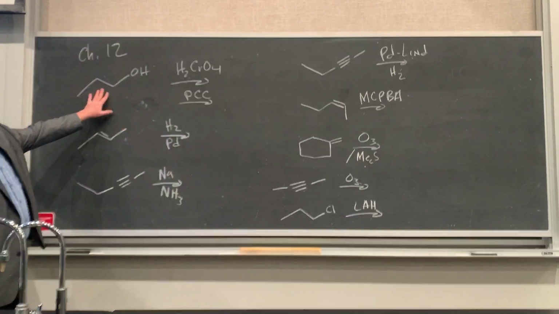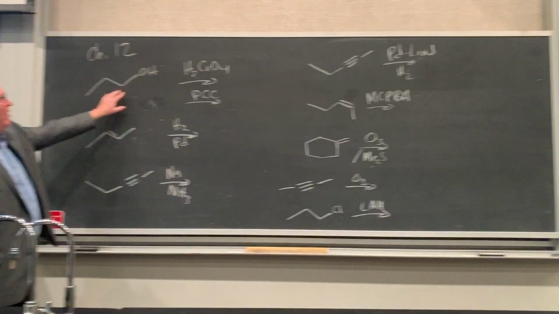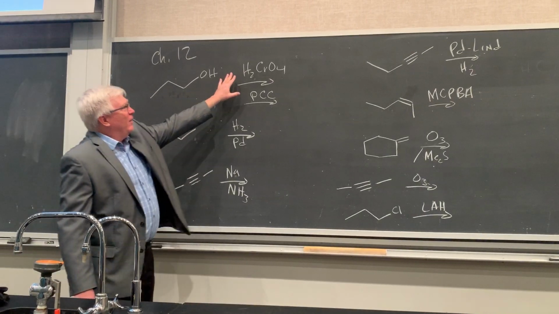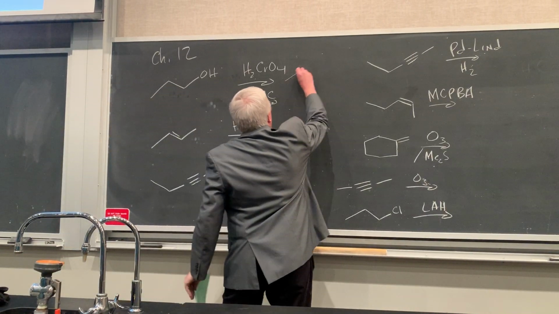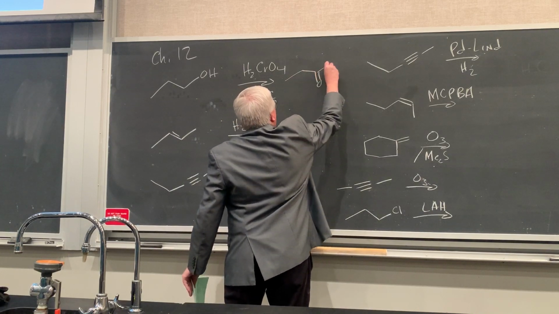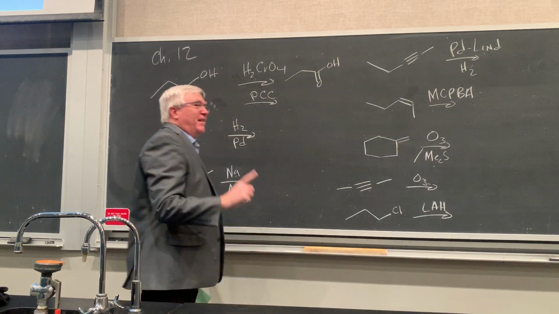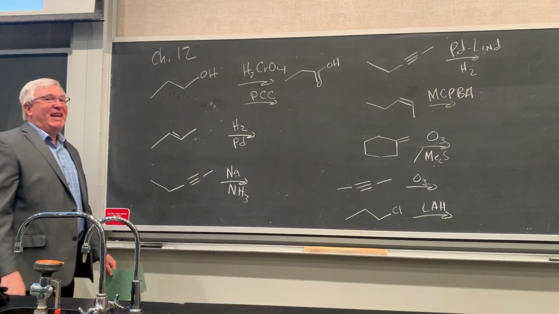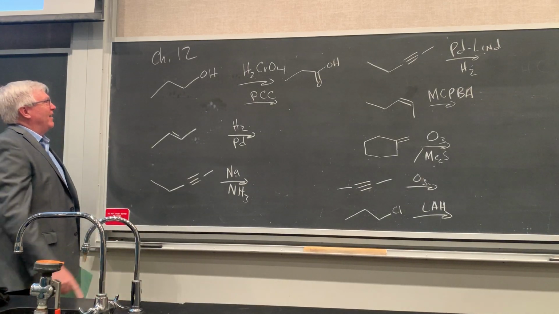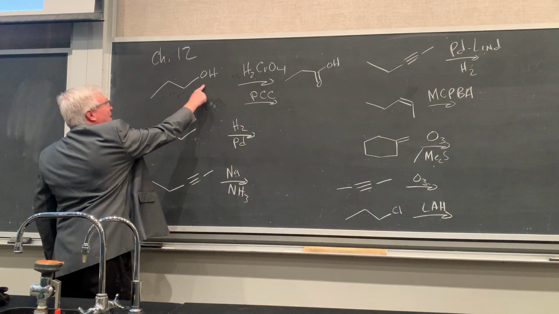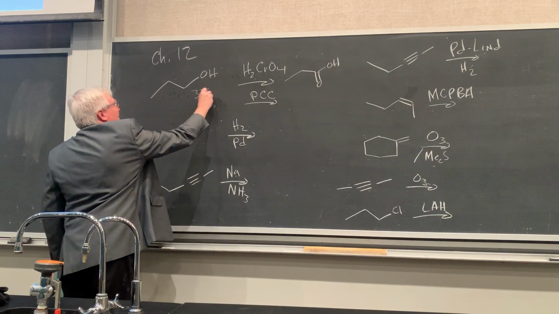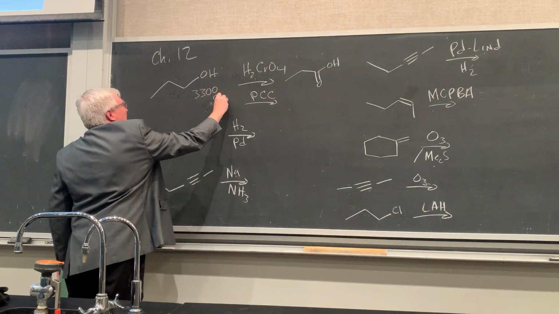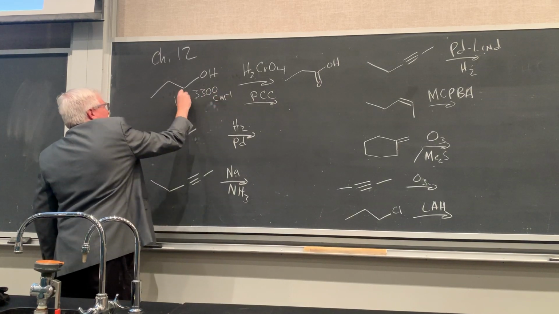What type of alcohol is this? First thing to look at, well, it's primary. And this first reaction with chromic acid will go to the carboxylic acid. Now we can combine this a little bit with chapter 13, IR data. So if we look at the IR, the infrared spectrum of an alcohol, we'll see a very broad stretch at 3,300, remember inverse centimeters in the IR.